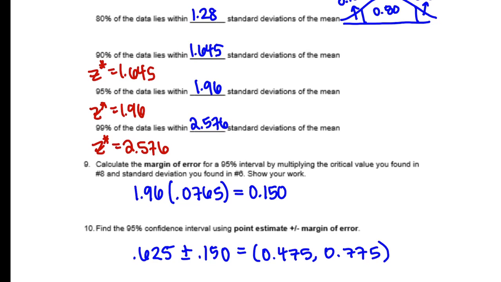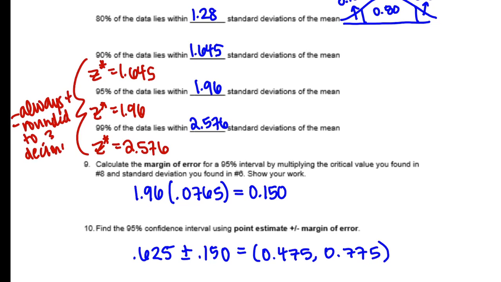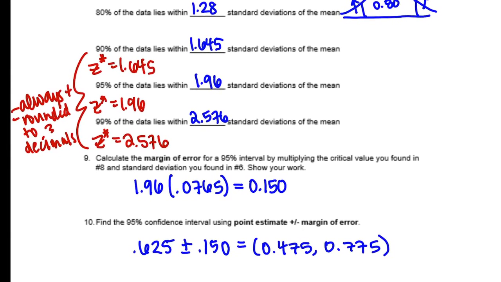We typically round them to 3 decimals. I'm going to write always positive again, and then usually rounded to 3 decimals if we're using inverse norm. And we already wrote down that inverse norm note. Hopefully you have it from previously in the video.